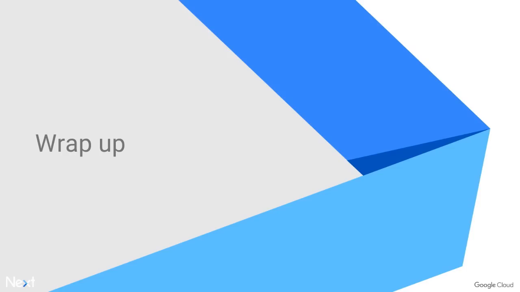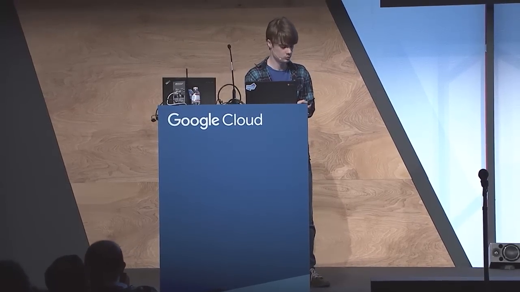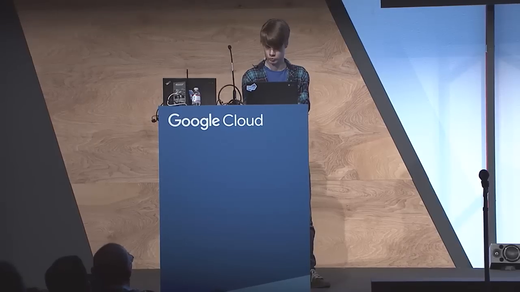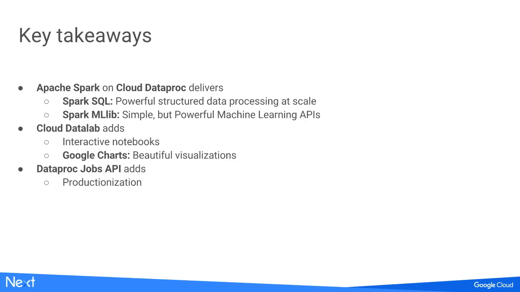To wrap things up, hopefully you just saw how Spark and Dataproc can leverage Spark SQL to do very useful ad hoc data processing, and MLlib to take that data processing and add very simple 3-line machine learning APIs on top of that.